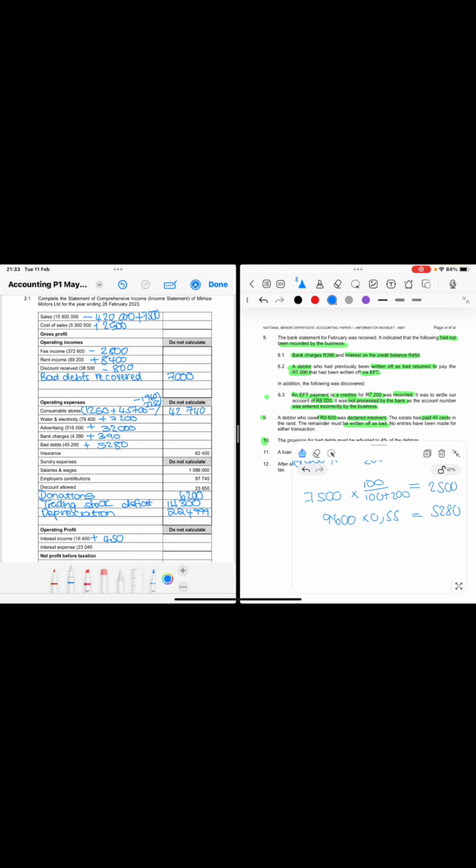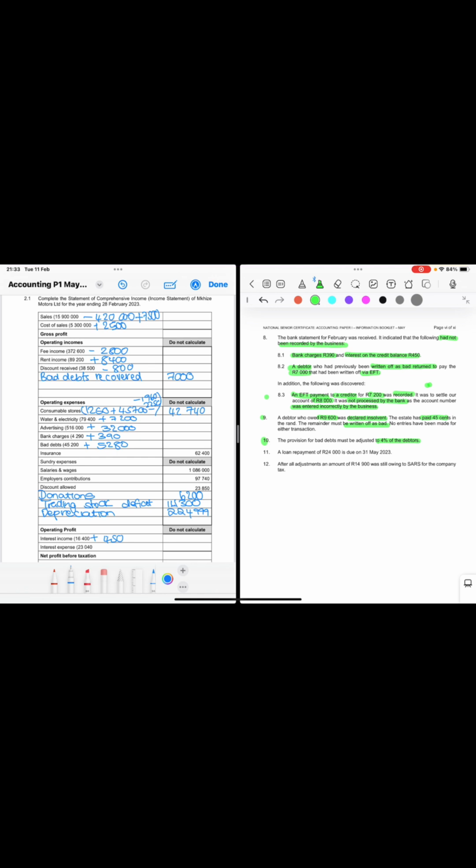Okay. Then we continue. The provision for bad debts must be adjusted to 4% of our debtors. So, like I said, the adjustments before affect our debtors control balance. The amount here for the settling... Oh no, this is for creditors, sorry.